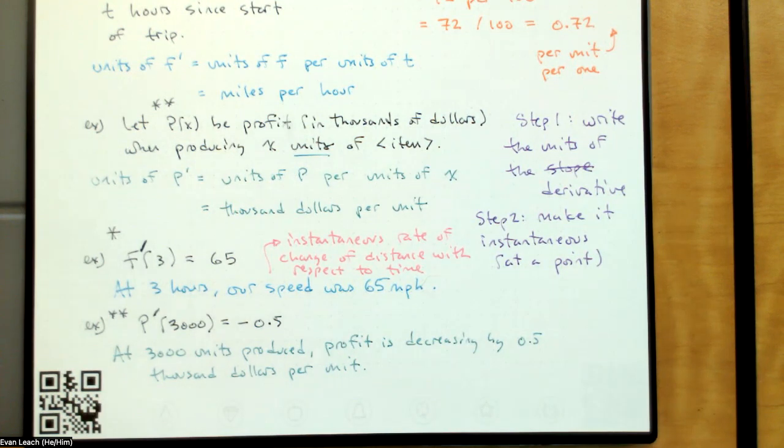What that tells us is that if we make one more unit, our profits will be decreasing by $500.